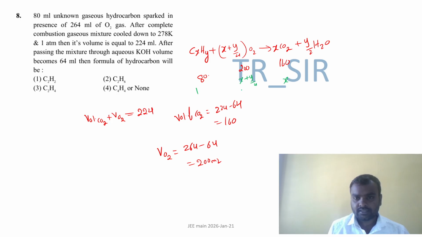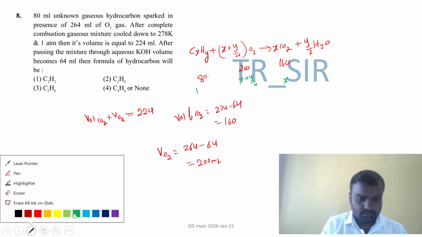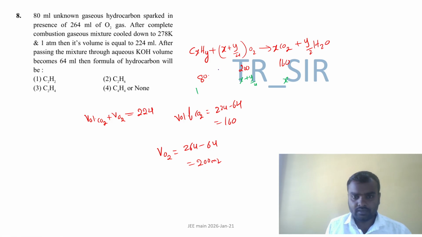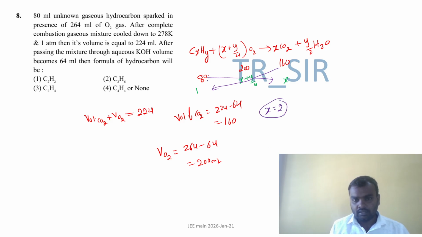For CO2, x. So now equate these two. We can equate this to this, and this to this. So x is equal to 2.